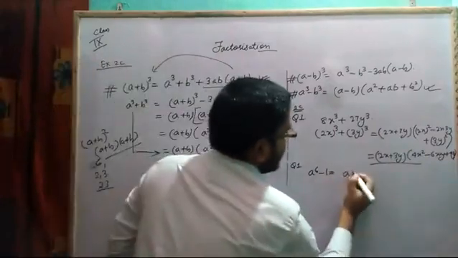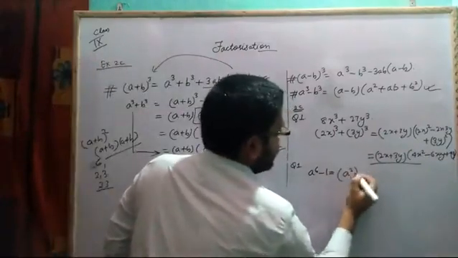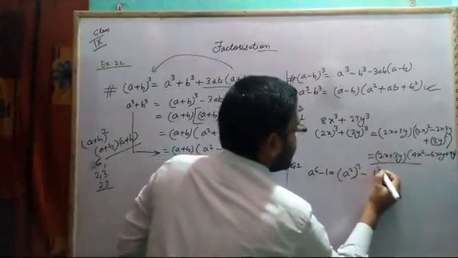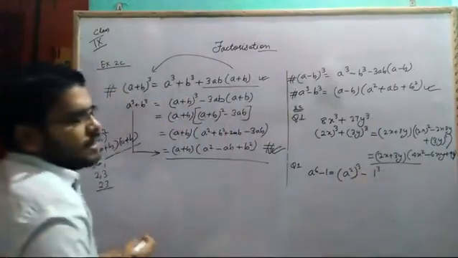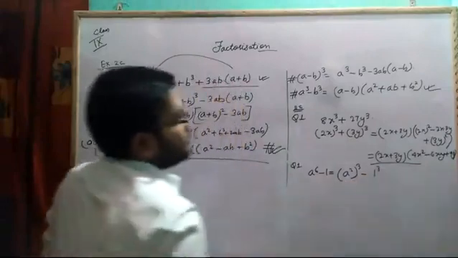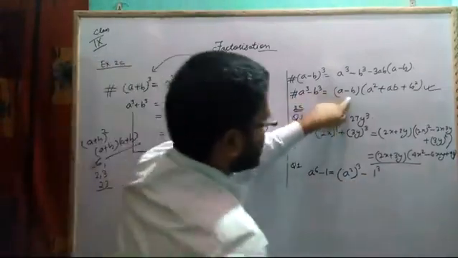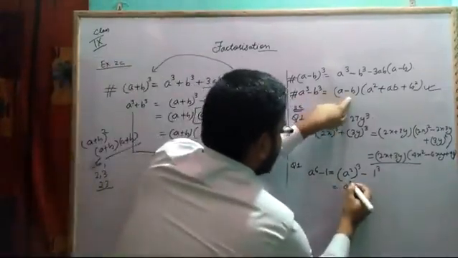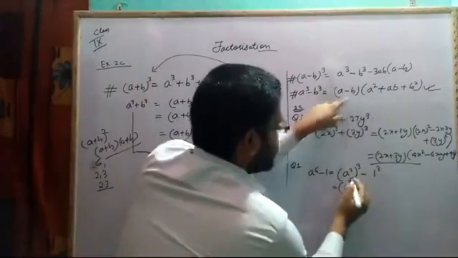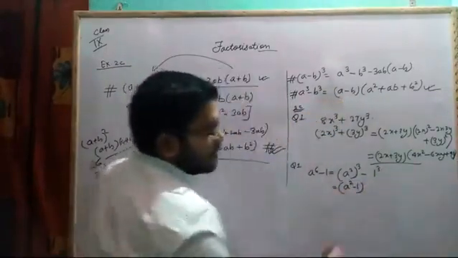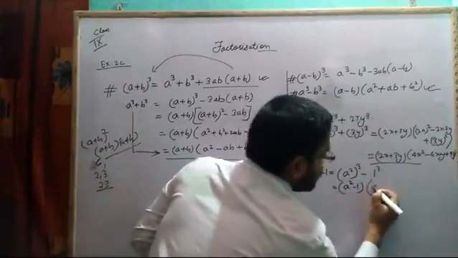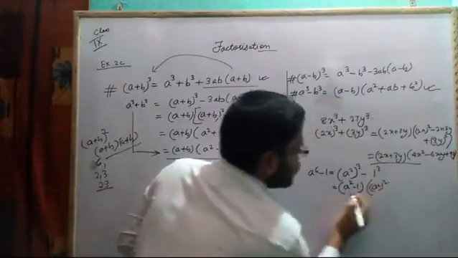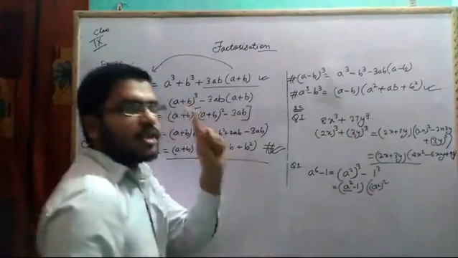It can be written as (a square) whole cube minus 1 cube. Can I write it like this? Now a cube minus b cube can be written as (a minus b), that means (a square minus 1). This will be my first term, this will be my second term. Then first term square, (a square) whole square, because a square is my first term.